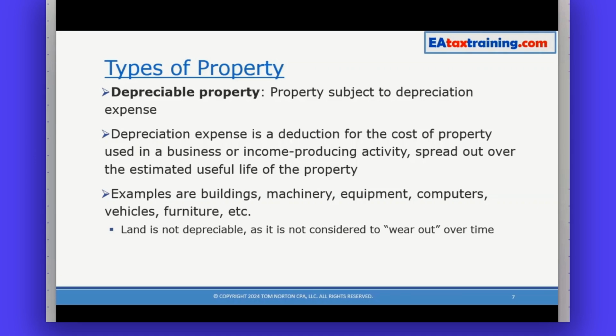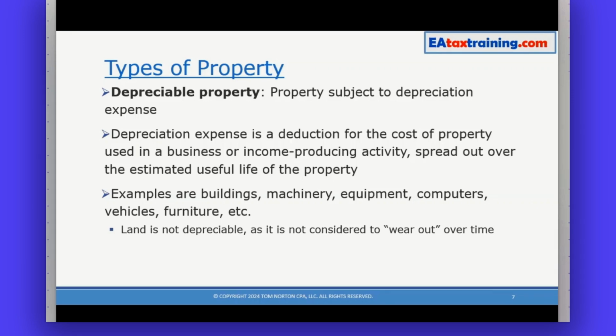And so you deduct the cost of that van over that number of years. So instead of taking the deduction all in the year you buy it, you take part in the year you buy it, part the next year, part the next year, and so on, until that useful life ends. So that's what depreciation expense is.